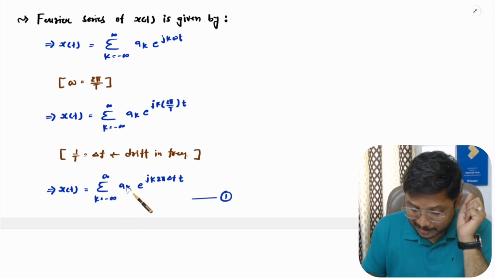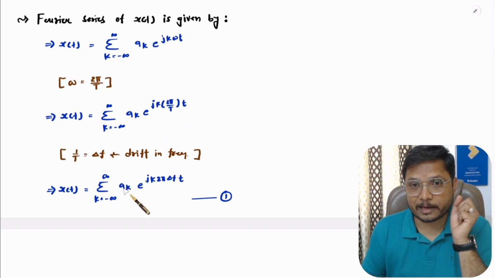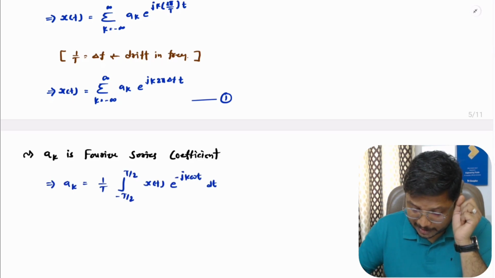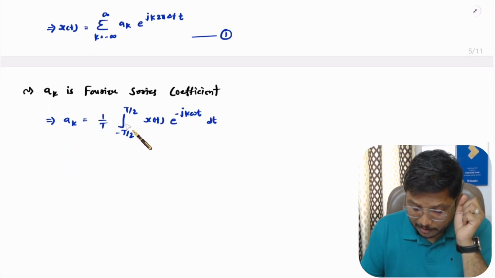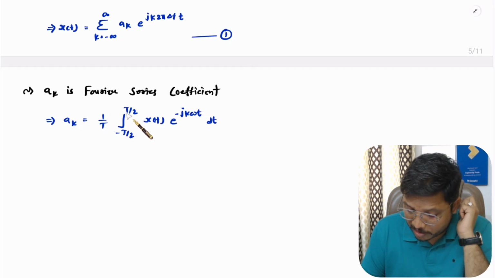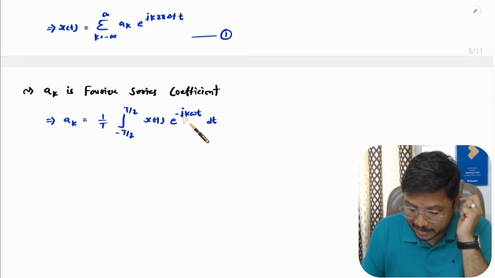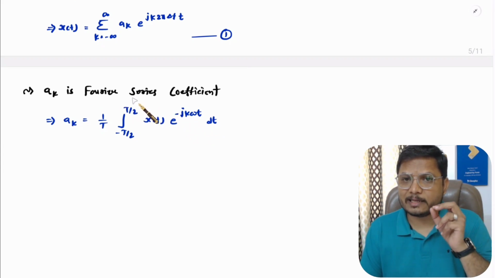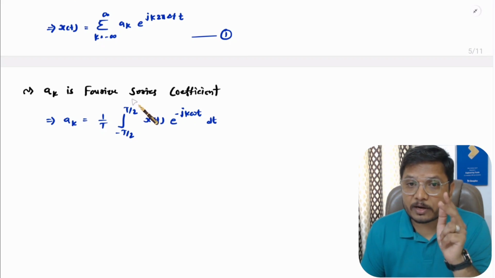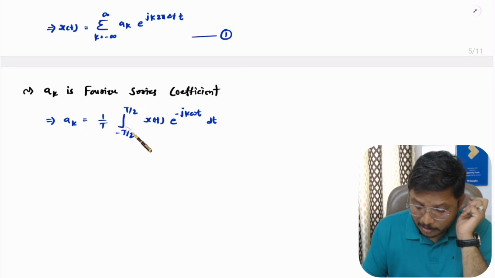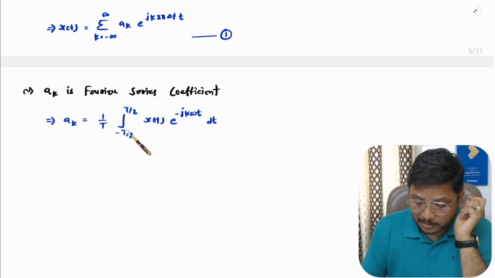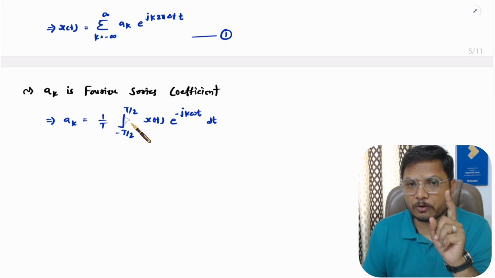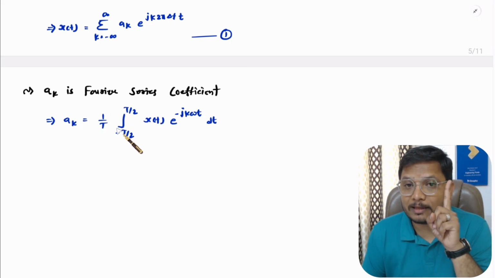Now here I will elaborate this Fourier series coefficient a_k. See, the Fourier series coefficient a_k can be expressed as 1 by T, where the integration has limits from minus T by 2 to T by 2, x(t) e to the power minus jkωt. Here, one should know that the Fourier series is expressed for periodic signals only, and for a periodic signal the duration is T. Here this integration has limits from minus T by 2 to T by 2 that I have considered, but one should know this limit should be for one cycle.